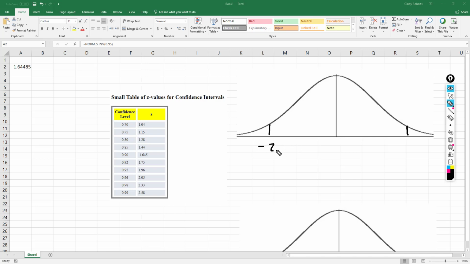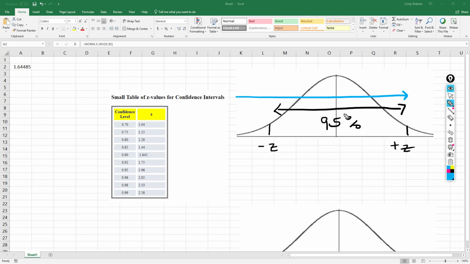You have a minus Z and a plus Z, and my confidence, 95%, is in this interval. The problem, though, is when you read the table, what you're reading is all the way from the bottom up to that Z value. Do you see the problem?